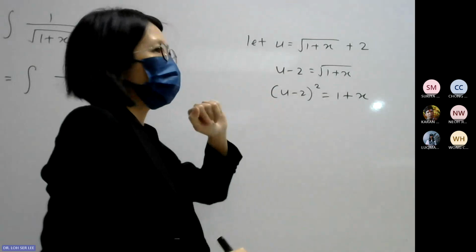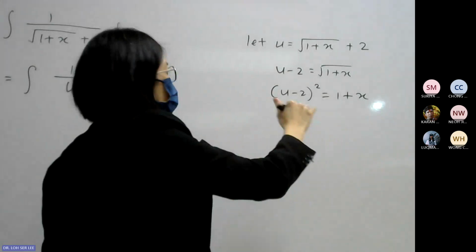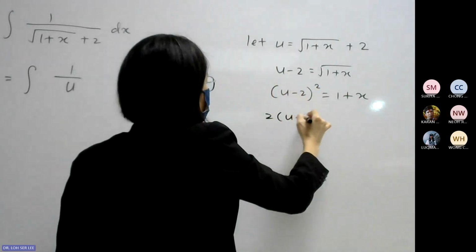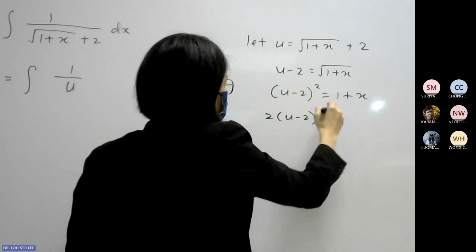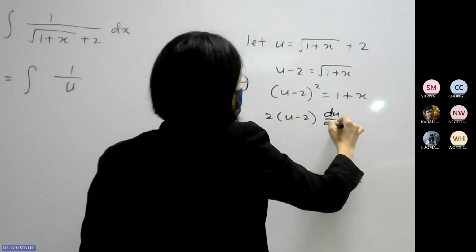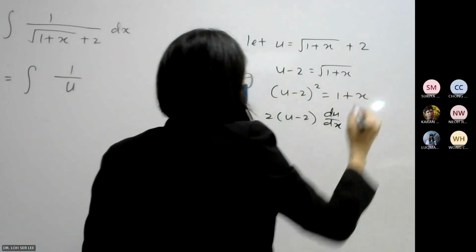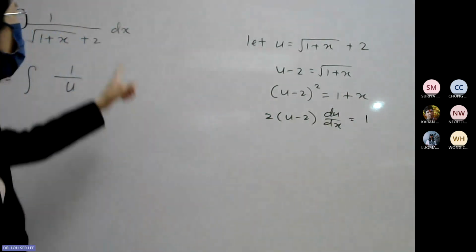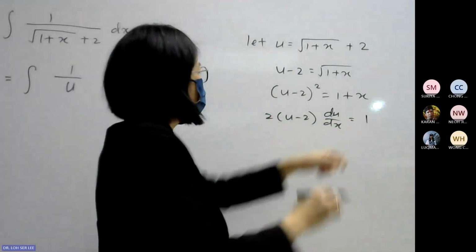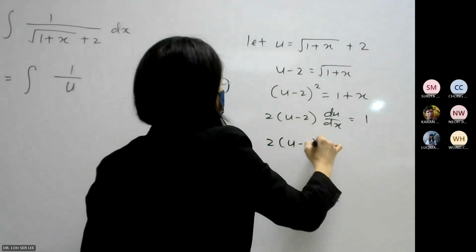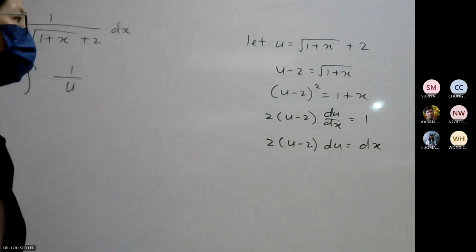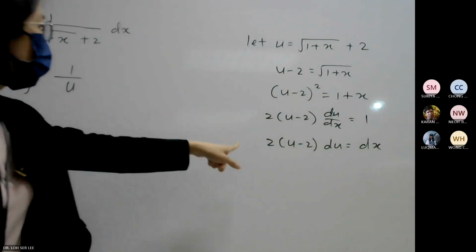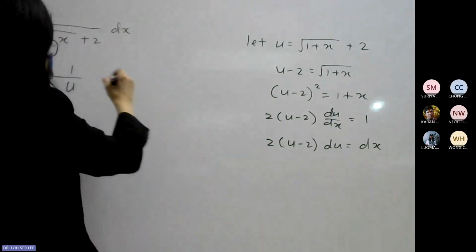Then we use implicit differentiation. So 2(u minus 2) to the power of 1, times 1, then du dx. We want the x, so this is our dx.